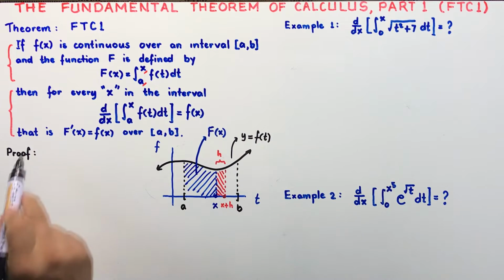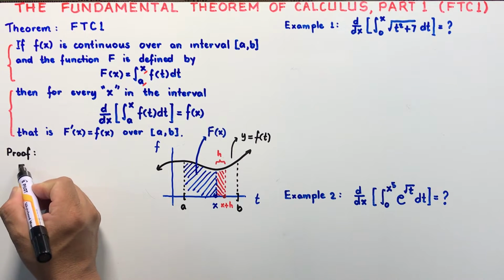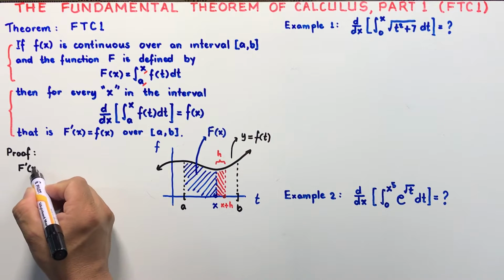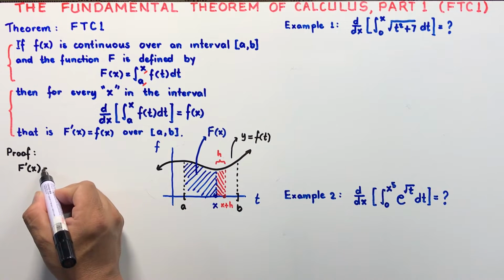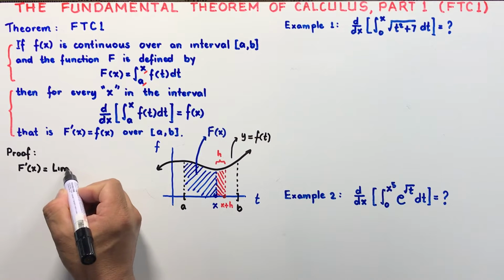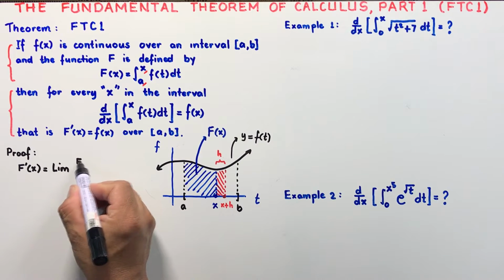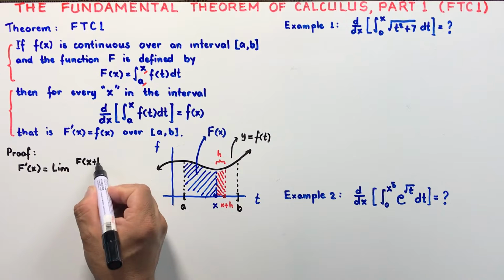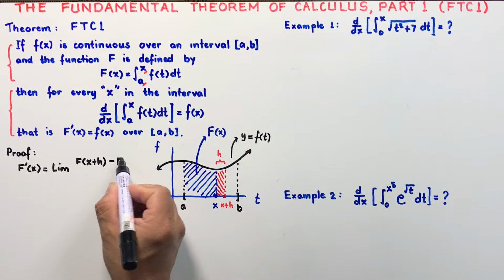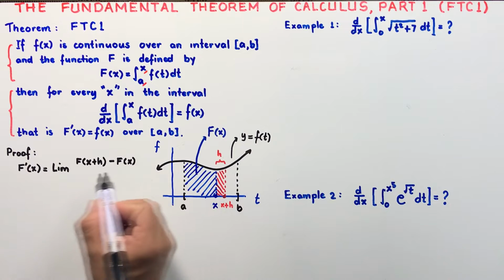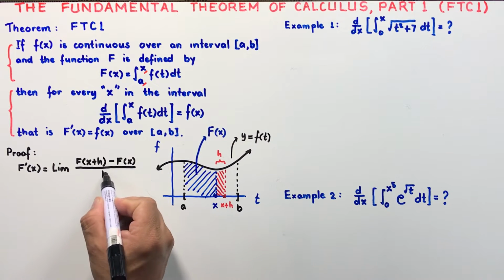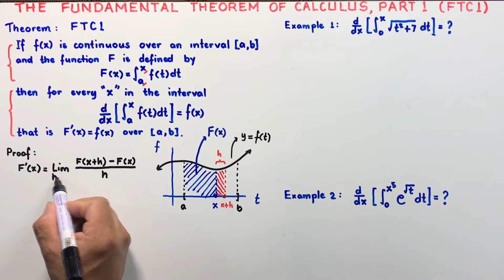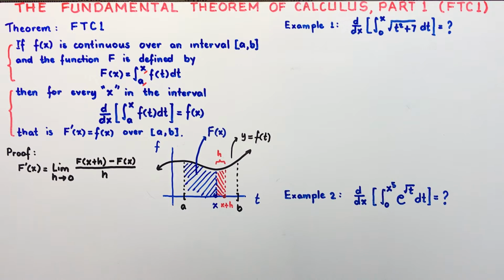So to write the proof for this theorem, we will use the definition of our derivative, which we've learned from our Calculus 1, which says that the derivative of our big F of x is defined to be the limit of our big F of x plus h minus our big F of x divided by h, where h is approaching 0 here.